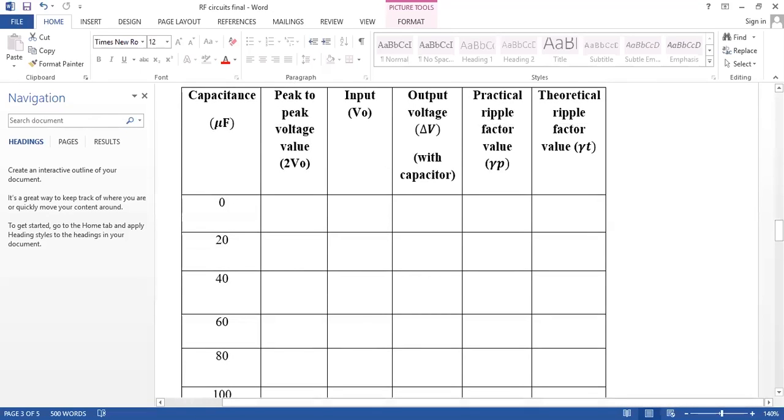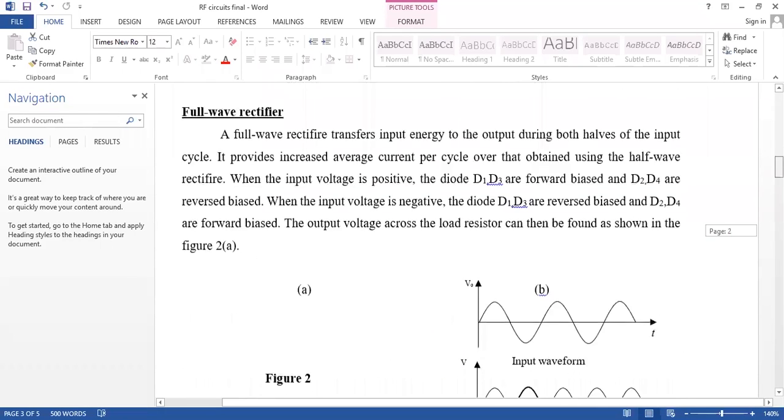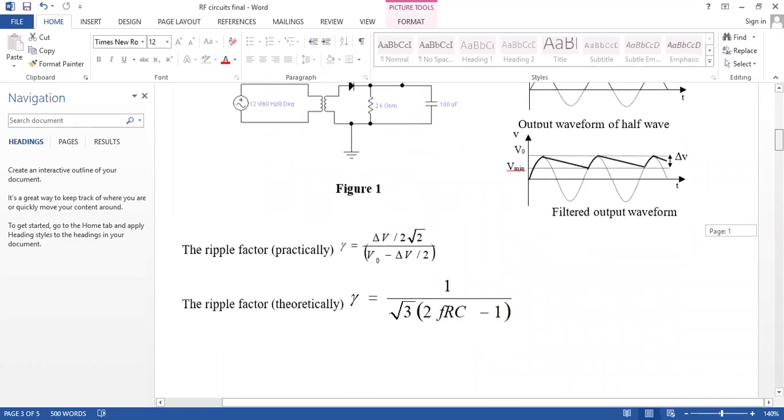Delta V means output voltage, V naught input voltage, and f means the frequency value, that is 1 upon T, 1 upon time value. So the resistor value is fixed, we already gave it, and C is the capacitance value, which you change, from 0.1 to 100. You can change the value to 0.1 to 1000 like that. Okay, your wish. After that you have to plot the graph.